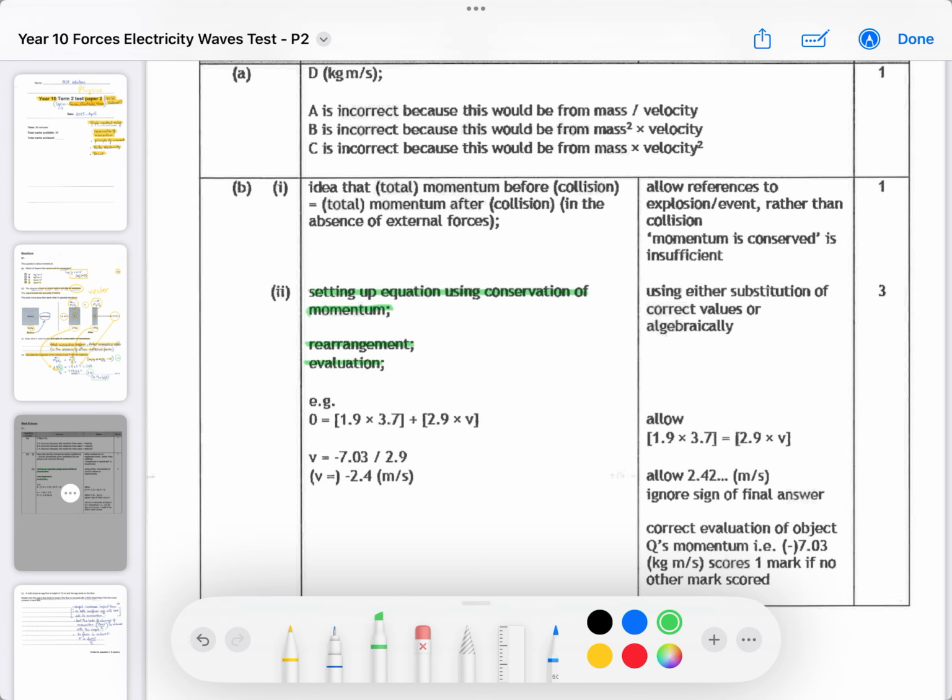And they're saying they're happy for you to ignore the sign in the final answer, but you saw the way I did it was to explain that to the left is the equivalent of negative.